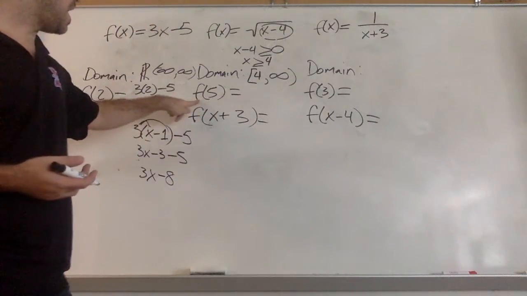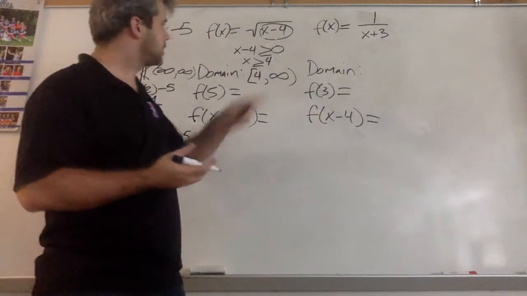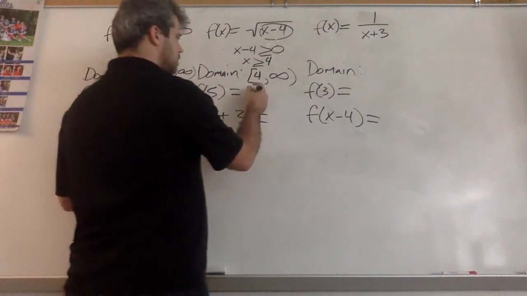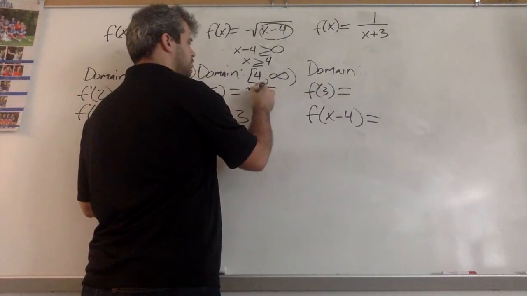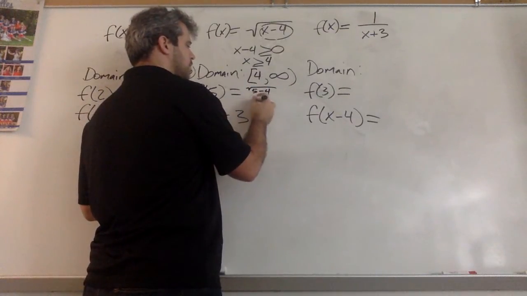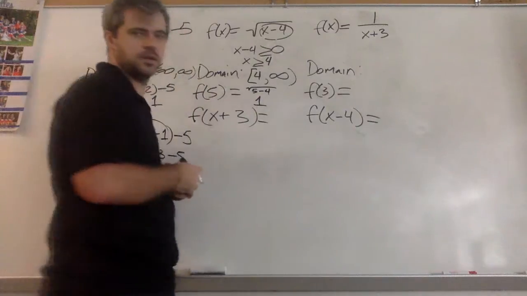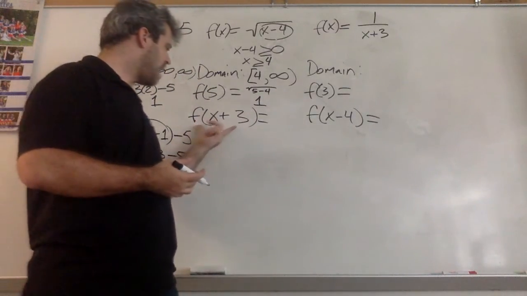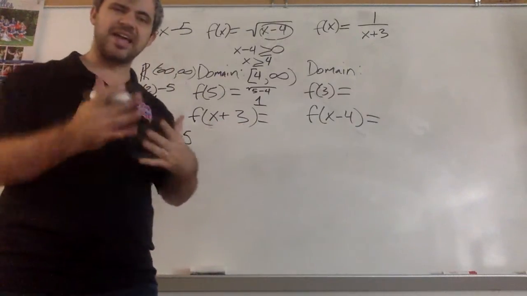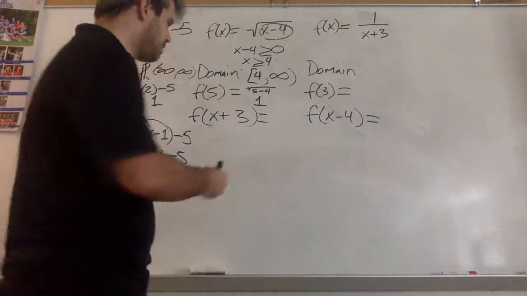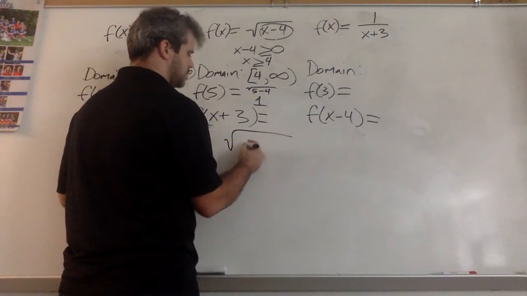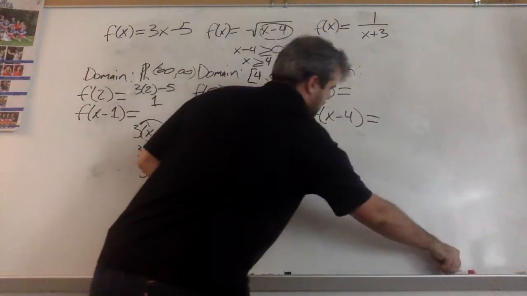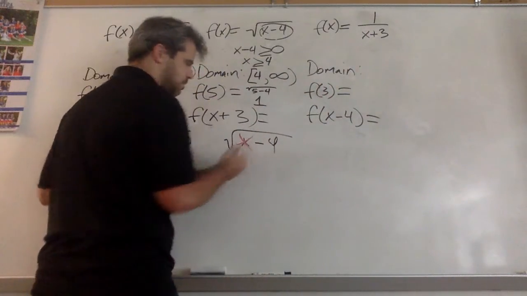All right, f of 5. Okay, what's 5 minus 4? That's 1. 5 minus 4, square root of 1 is 1. F of x plus 3. Again, this confuses a lot of people, but what I'm going to do, let's just write the original. And then I'm just going to scratch this out.